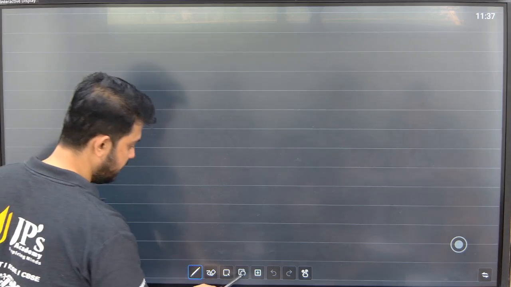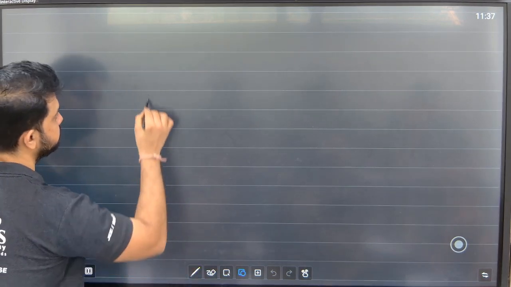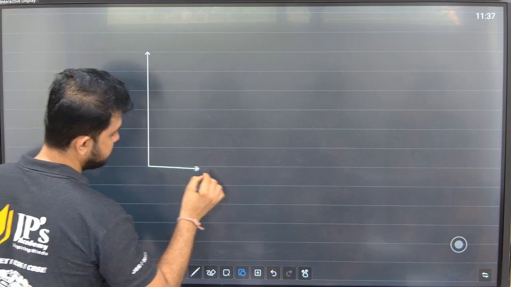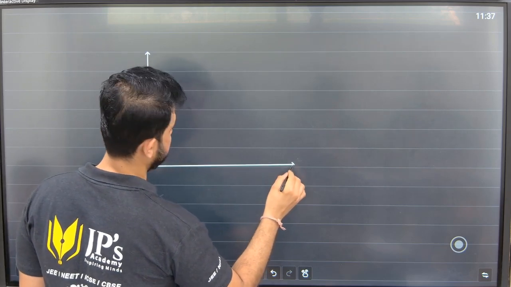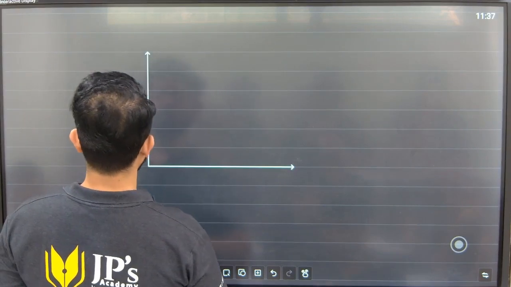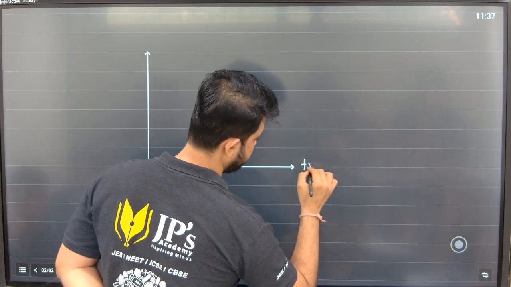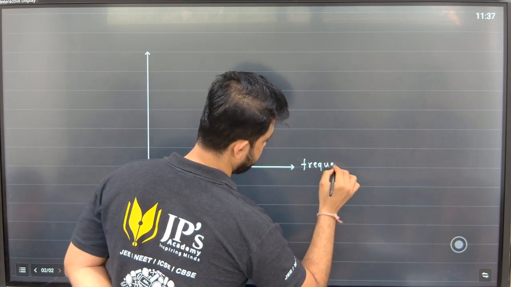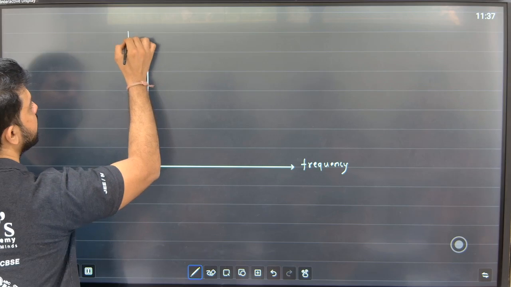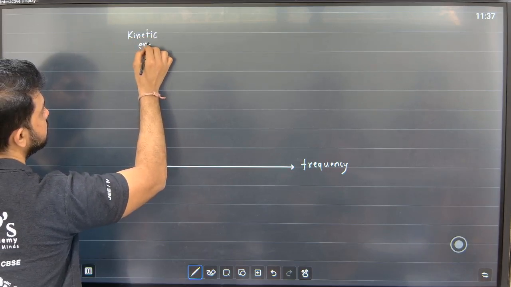So, if I want to plot this, on the x-axis I have frequency, and on the y-axis I have kinetic energy.